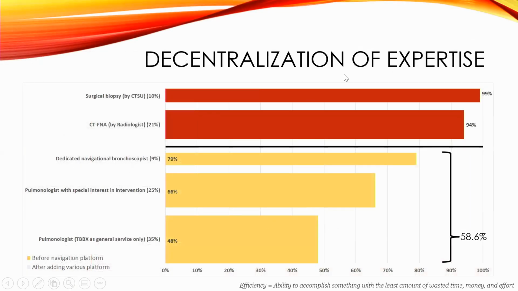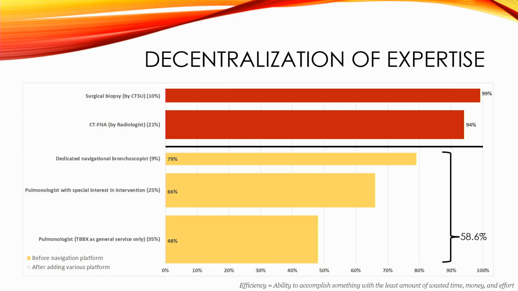Overall, after excluding all the cases that you would refer for CT-guided FNA surgical biopsy, because of the weighted diagnostic yield, the overall diagnostic accuracy of our unit as a whole becomes almost 60% only.